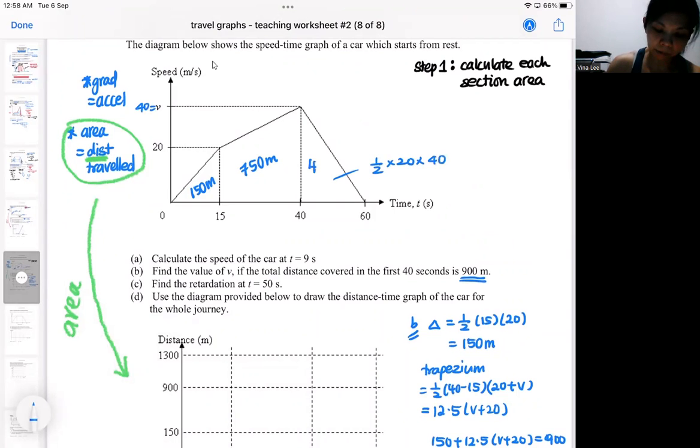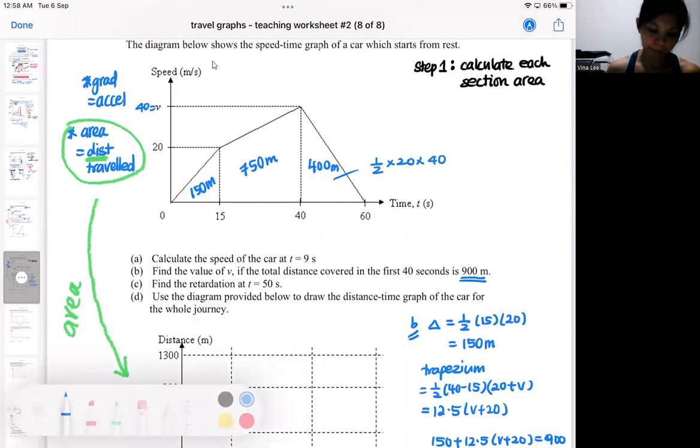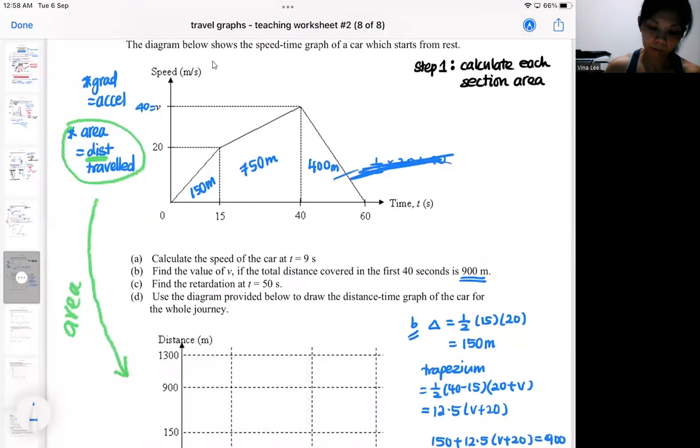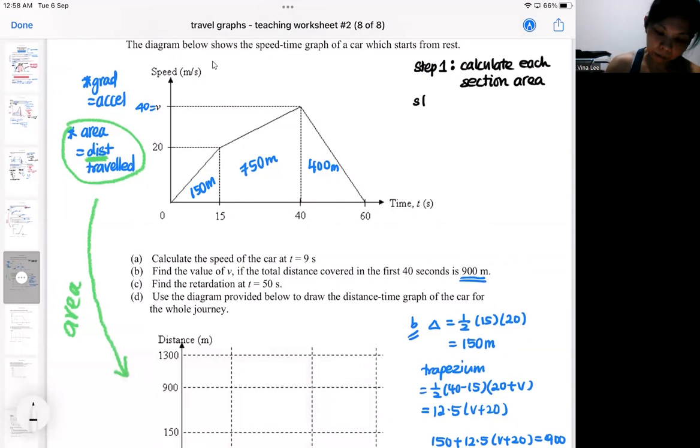So that actually gave me 400. So step one, you calculate the area. Step two, you got to plot the points. The point will be time and distance.